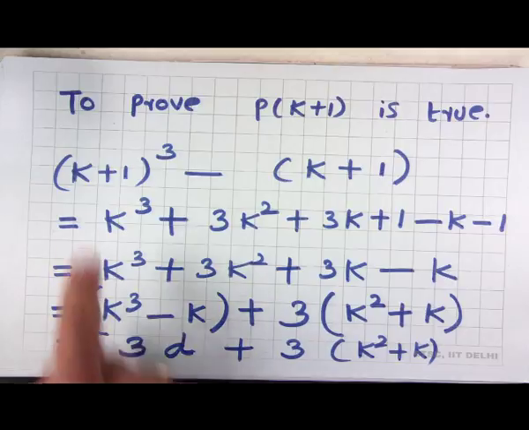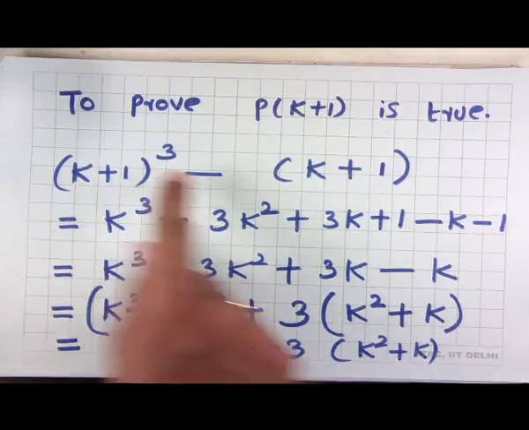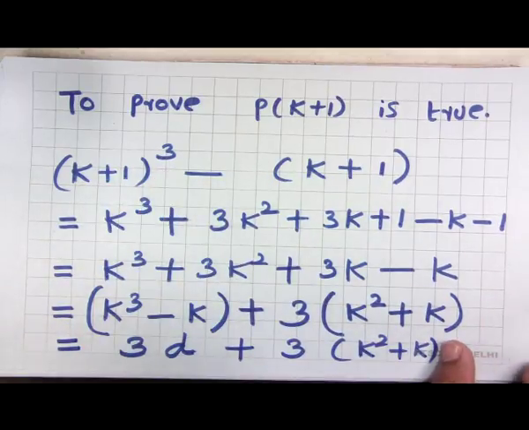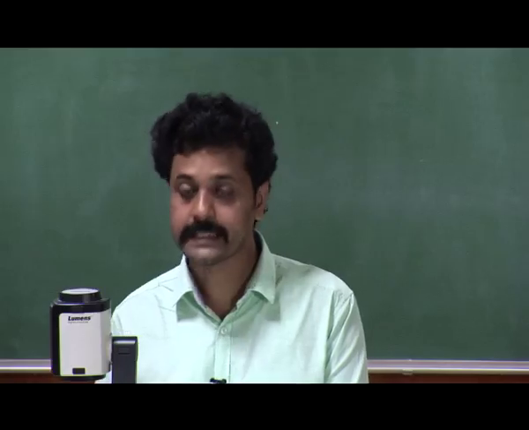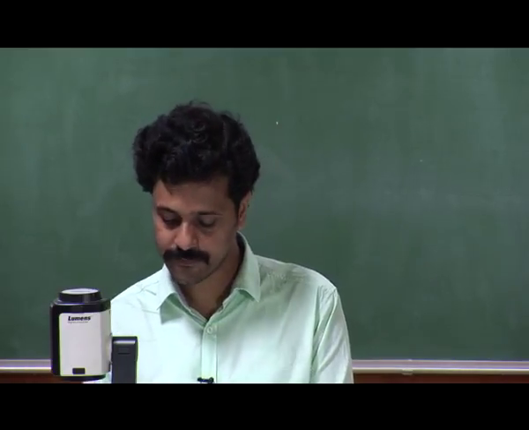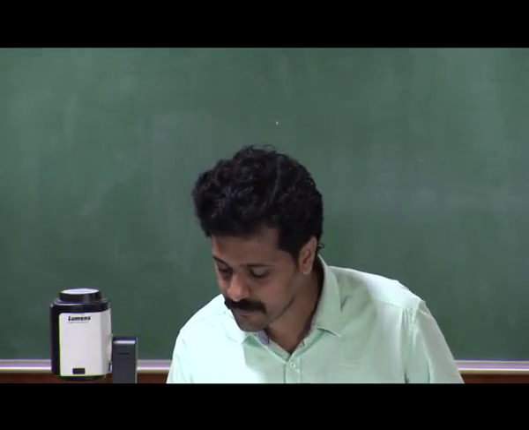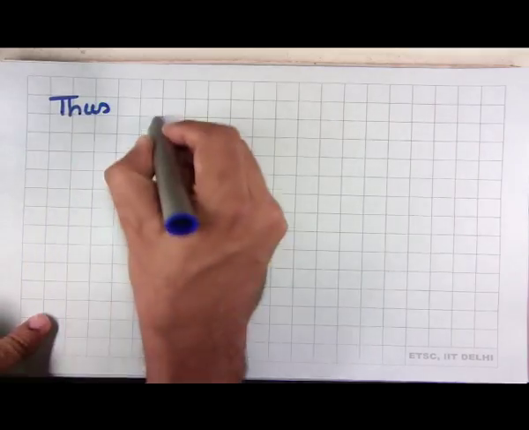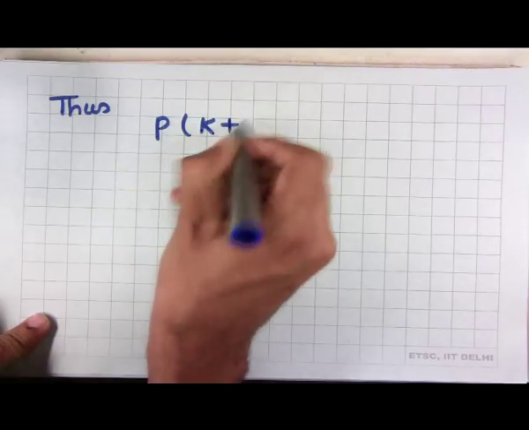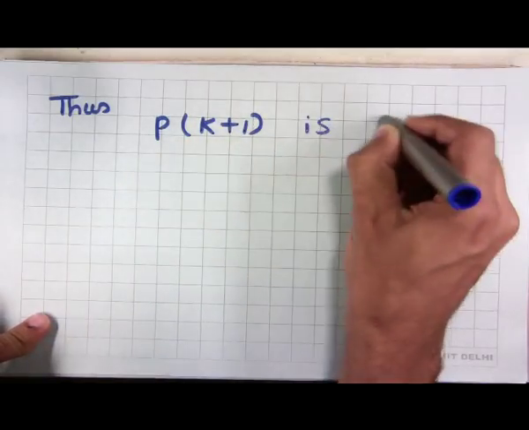which proves that (k plus 1) the whole cube minus (k plus 1) is a multiple of 3, establishing the truth of P of k plus 1. Thus, P of k plus 1 is true.